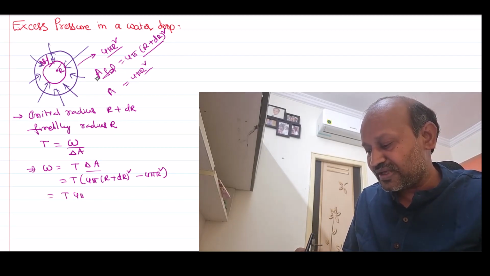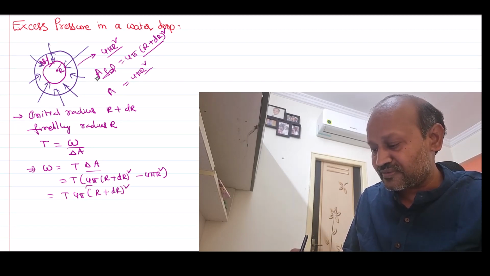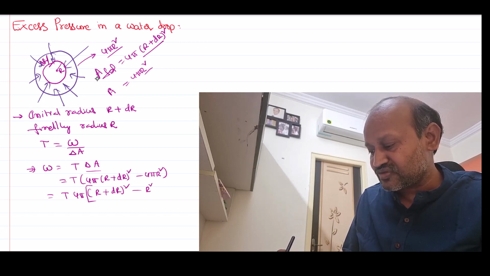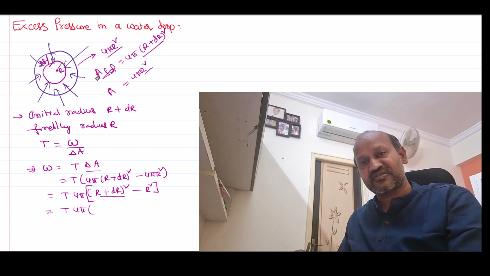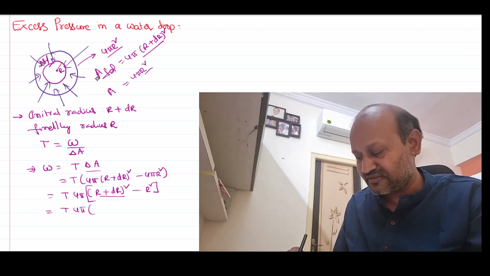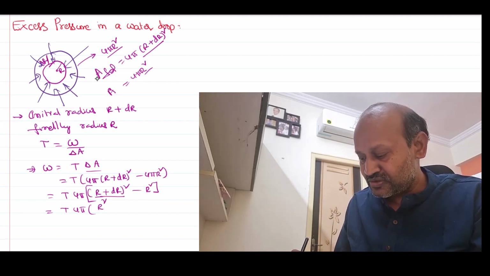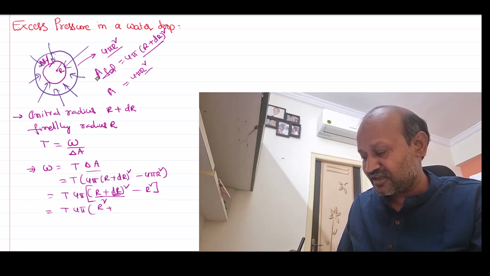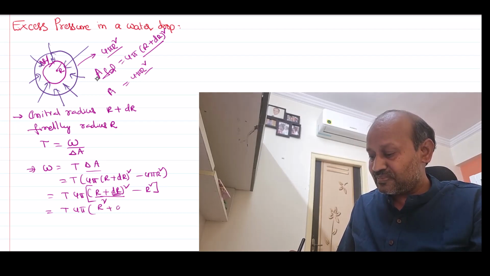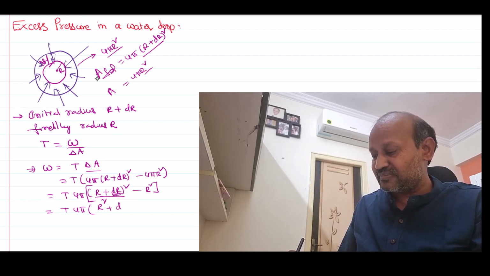T, 4 pi I can take common, r plus dr whole square minus r square. Let me expand this using the a plus b whole square formula, that is a square plus b square plus 2ab, that you are very well aware of. A is r, so a square is r square, b is dr, so b square is dr square, plus 2ab, 2r dr, minus r square.